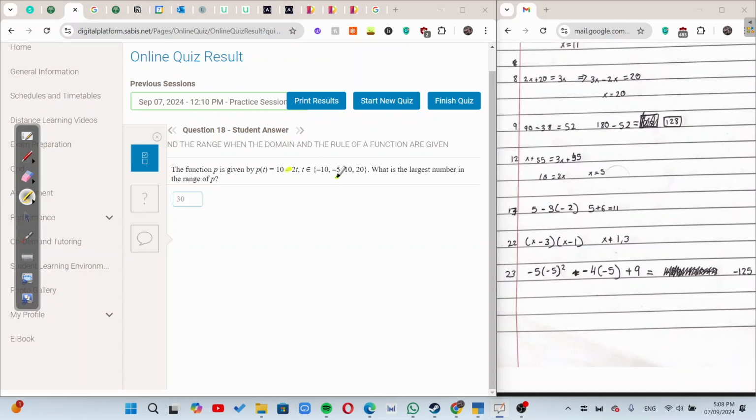You have two negative numbers, -5 and -10. 10 is bigger than 5 in size, so you test this one out: 10 minus 2 times -10. -2 times -10 is positive 20. And 10 plus 20 gives you the answer 30. So that's how you get this answer.